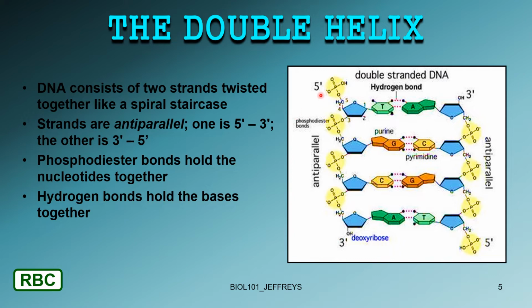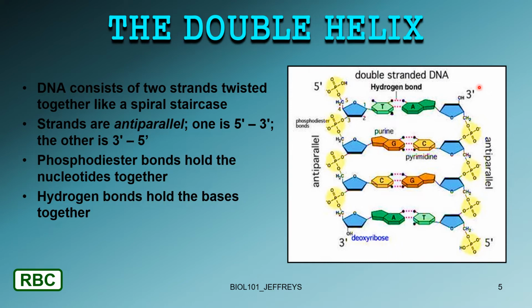And so the opposite strand runs in the opposite direction. So if this strand is 5' to 3', then this strand is going to be 3' to 5', going in the opposite direction, right?